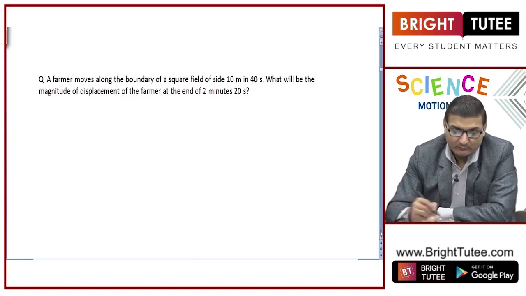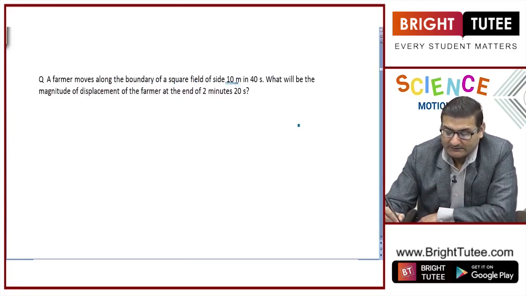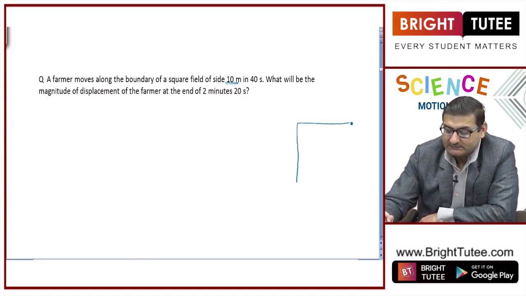A farmer moves along the boundary of a square field of side 10 meters. What exactly is given to us in the question is that this is a square field.